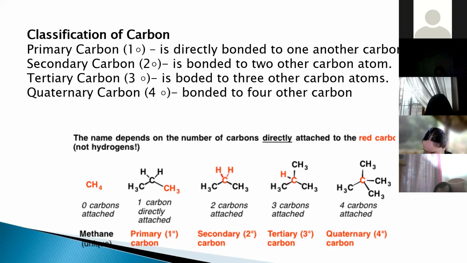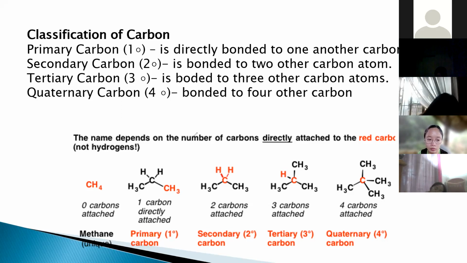However, for methane, you can see it on the screen. The methane is actually unique. We cannot really classify it as either primary, secondary, tertiary, or quaternary kasi nga isang carbon lang siya. So walang ibang carbon na nakabond sa kanya. So 0 carbon attached. This one is a unique one.